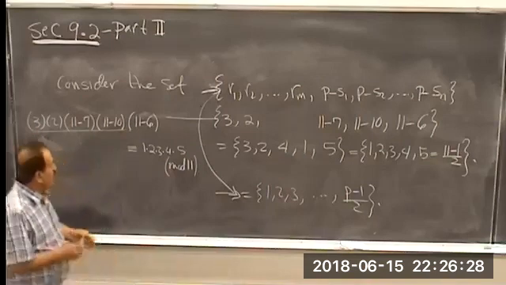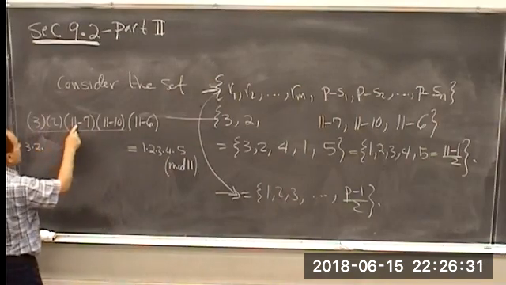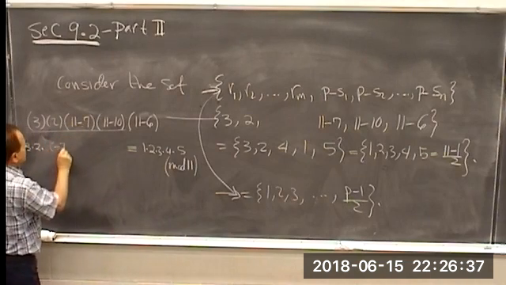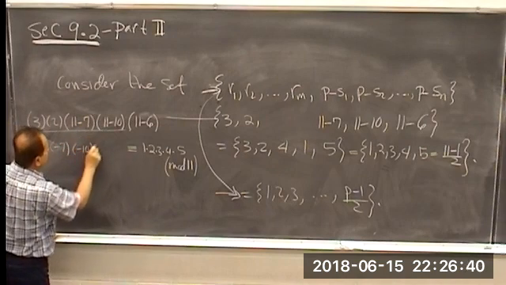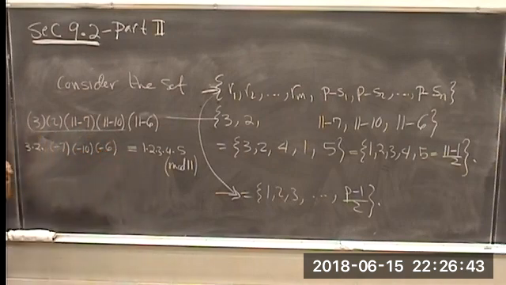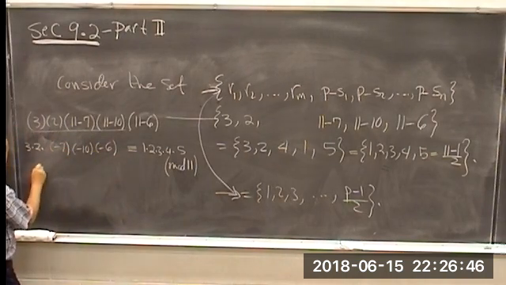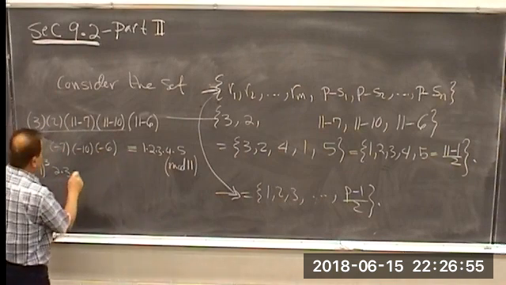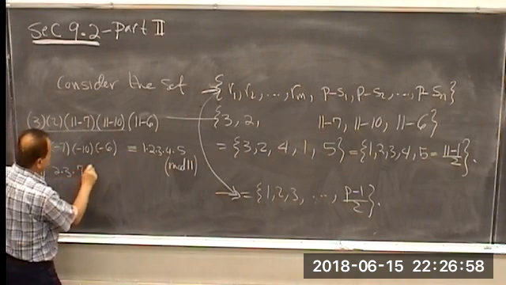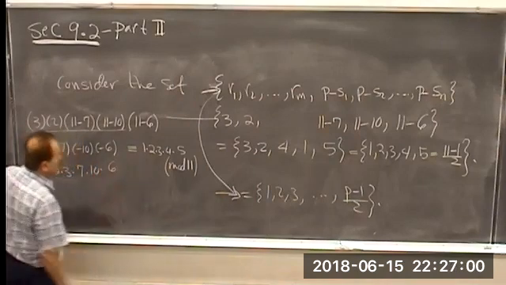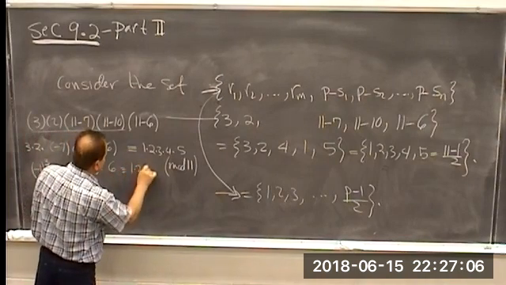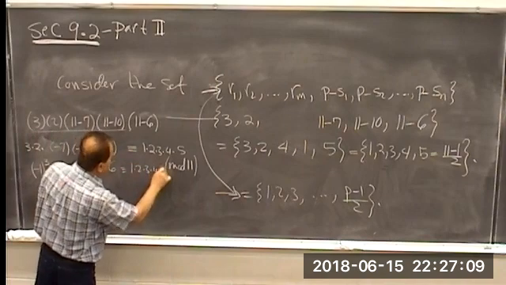So we have 3, 2, and this one, when we reduce mod 11, becomes negative 7. And this is negative 10, and this is negative 6. So when I pull the negative out, I have negative 1 to the number of these, which is 3, and then we have, of course, 2 times 3 times 7 times 10 times 6, and this is congruent to 1 times 2, 3, 4, and 5.